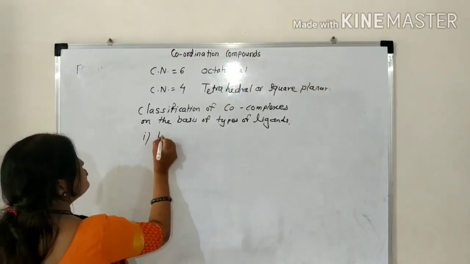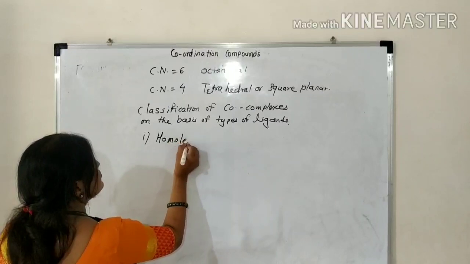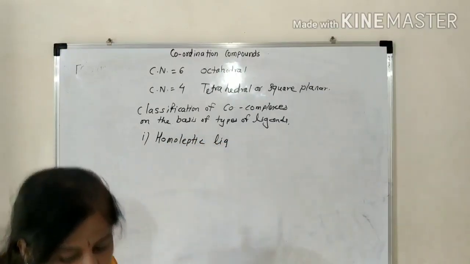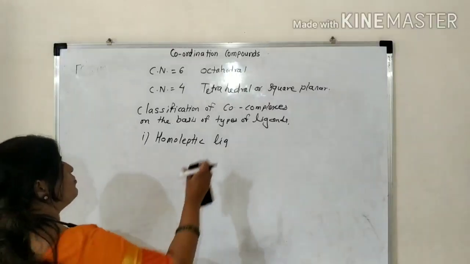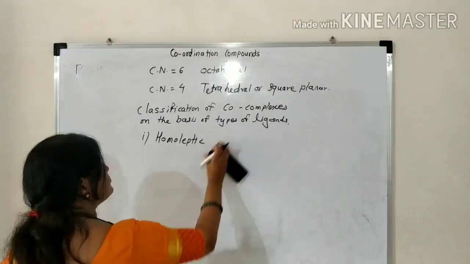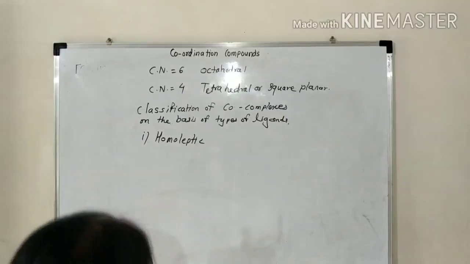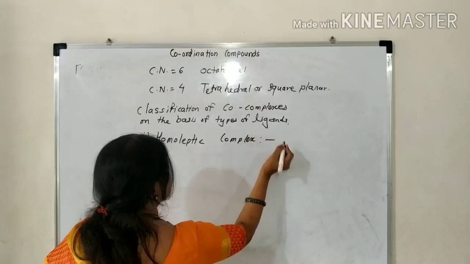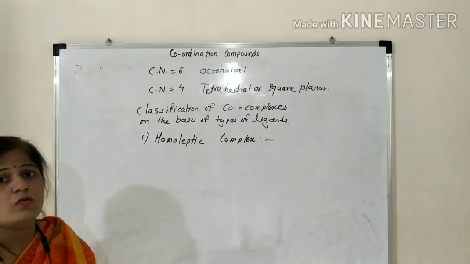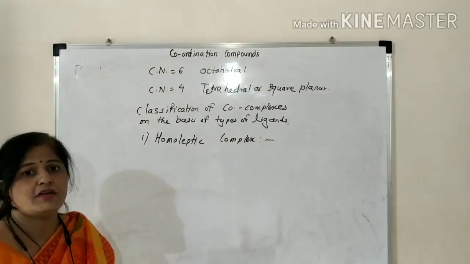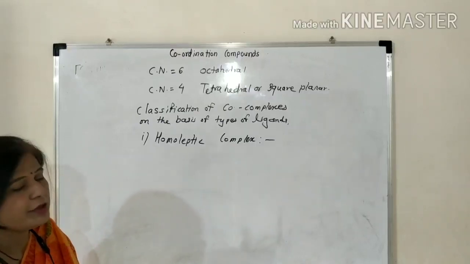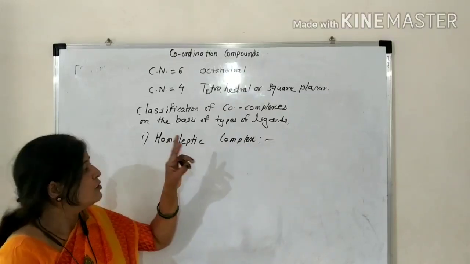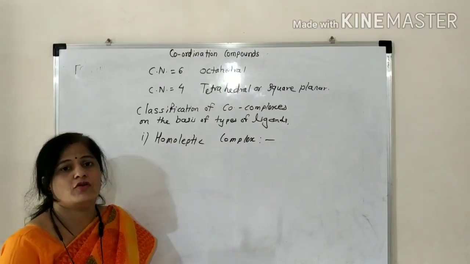First is homoleptic complexes. If one type of ligand is present in a coordination complex, that complex is called a homoleptic complex.